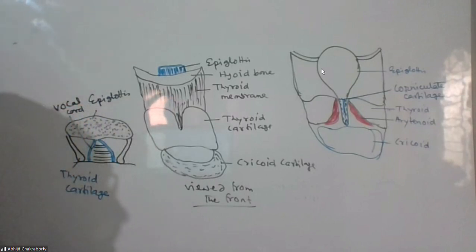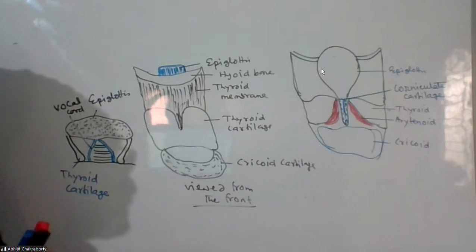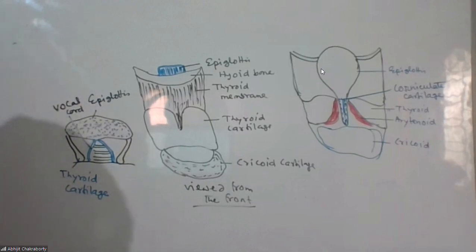Clear? And these two vocal cords are found in close proximity when they are going to produce sound. But when they are not going to produce sound, they are found to be away from each other. Clear? Yes, sir.